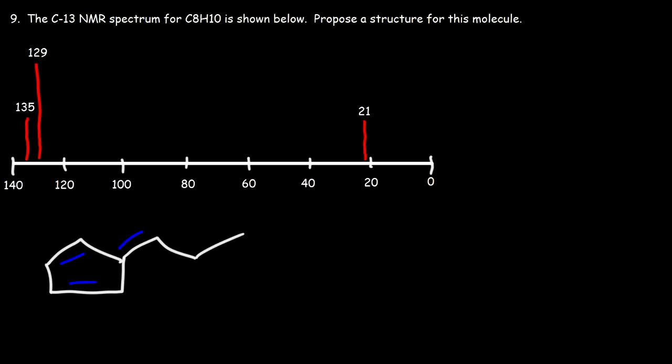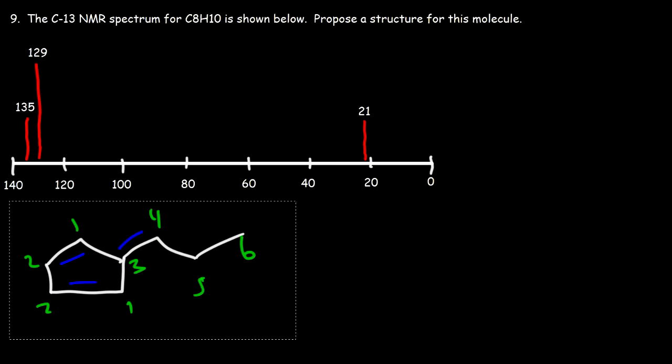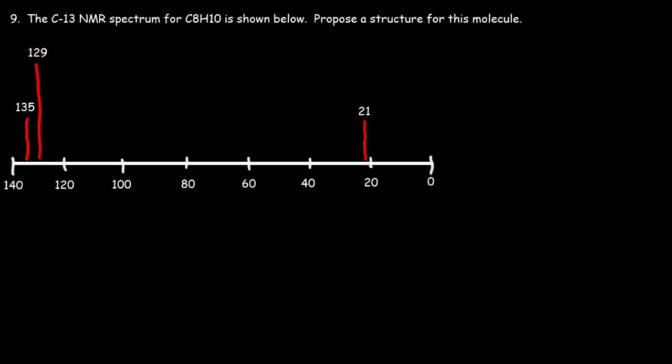And if we count, let's say, the number of signals, these two are identical. And then it's 3, 4, 5, 6. So that's not going to work either. What if we were to do something like this? And let's say we have another ring. So this is 6 carbons, 7, 8. So that's not going to work.